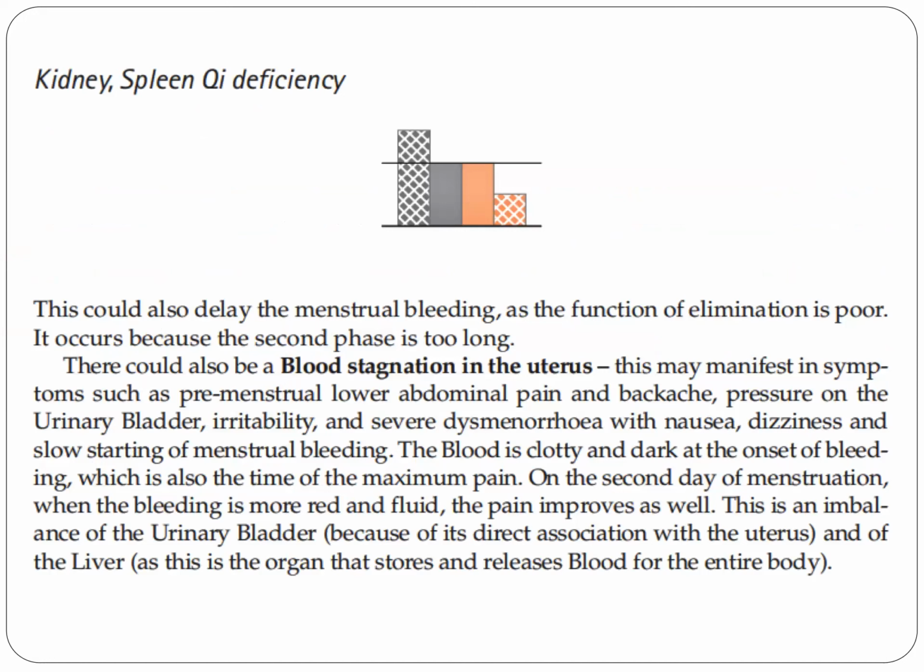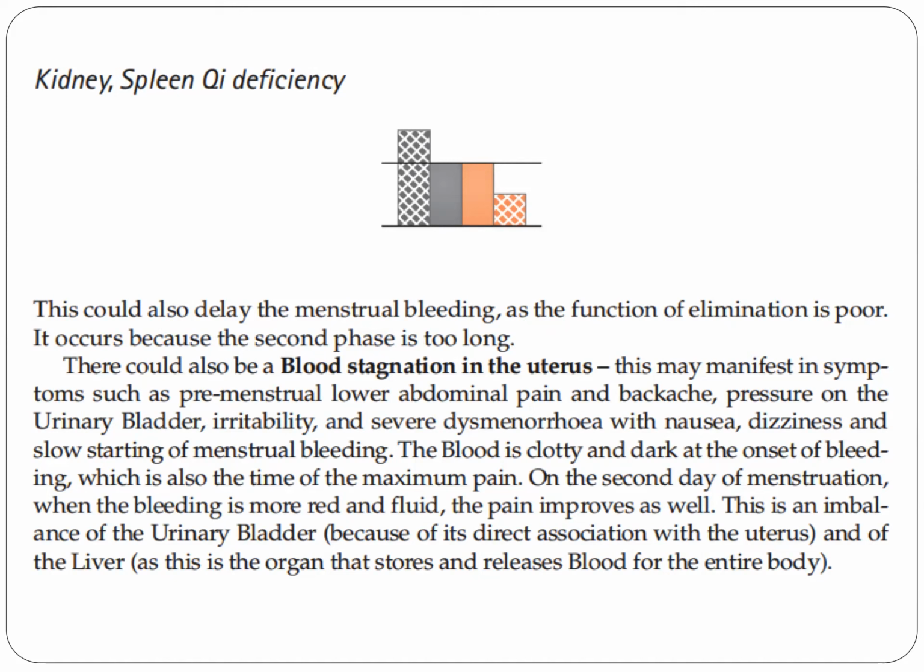Let's go to the kidney spleen qi deficiency. This could also delay the menstrual bleeding as the function of elimination is poor. It occurs because the second phase is too long, okay? There could also be a blood stagnation in the uterus. This may manifest in symptoms such as premenstrual lower abdominal pain and backache, pressure on the urinary bladder, irritability, and severe dysmenorrhea with nausea, dizziness, and slow starting of menstrual bleeding, okay?